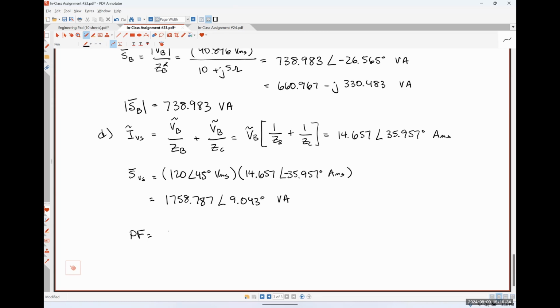So cosine of 9.043 degrees, the polar angle of my prior answer, comes out to be 0.98757. So let's call that 0.988. And is this power factor leading or lagging based on the sine of the angle? It's lagging because it's positive. Exactly right.